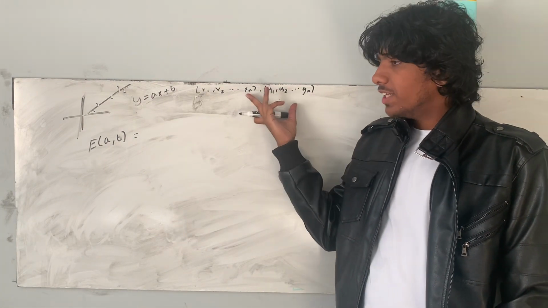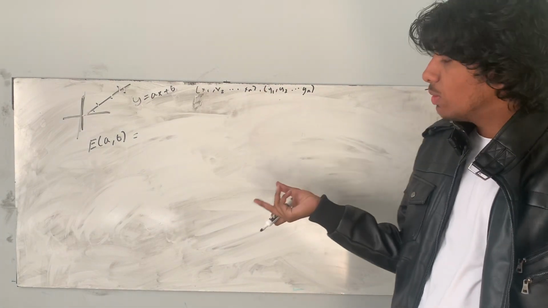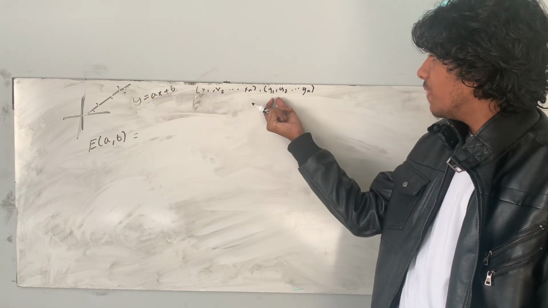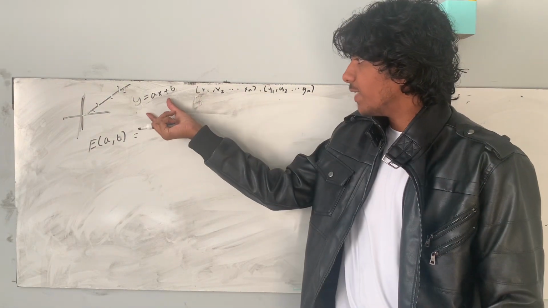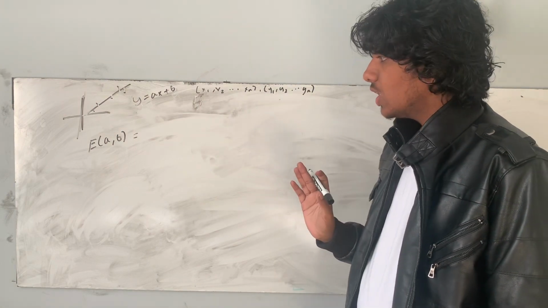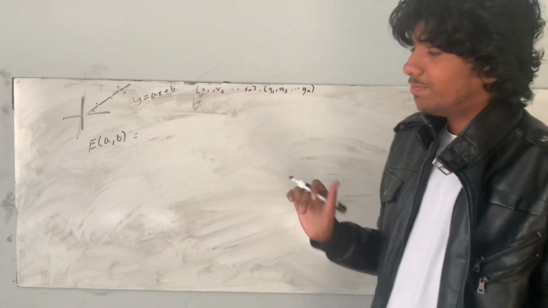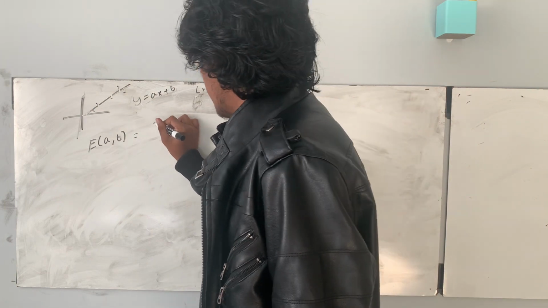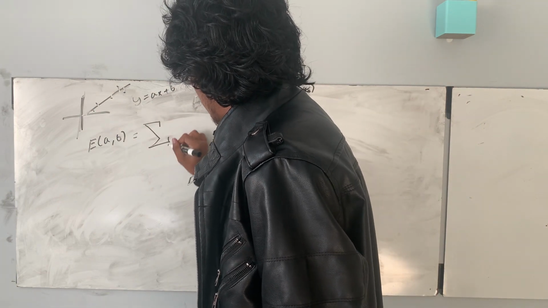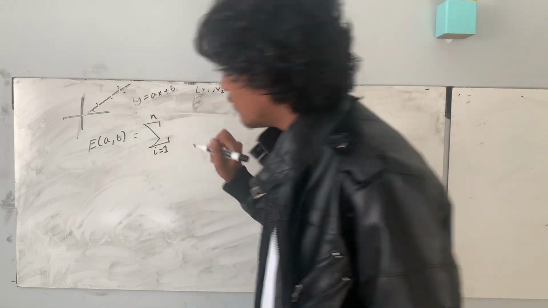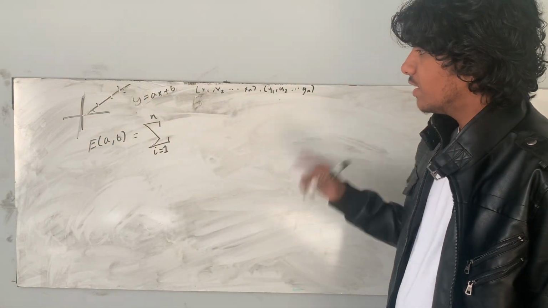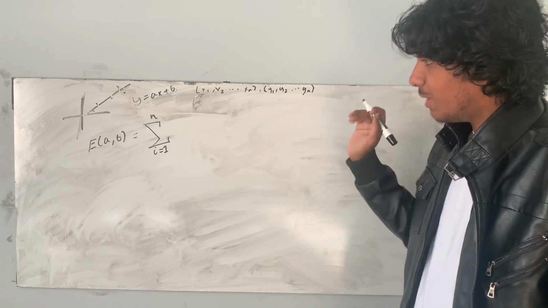So we have these data points, and we want to basically add up the deviation of x1 and y1 from its expected values. Basically, we want to sum. So let's sum that, where i equals 1 to n, because we have n data points. Sorry for the sigma sign looking weird, bear with me.